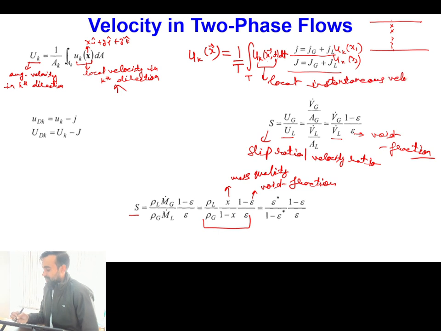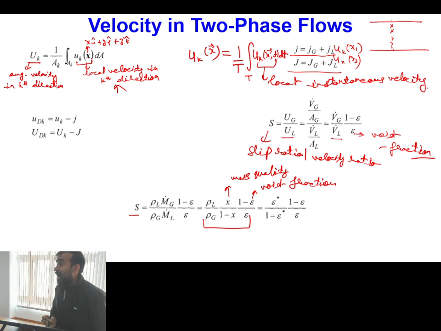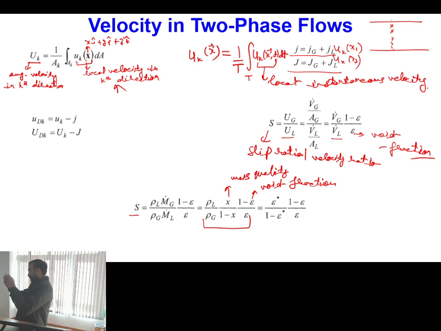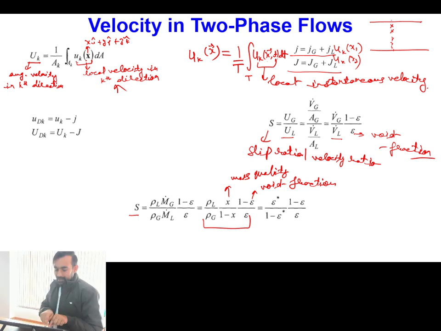Is this clear? Yes. So whenever I only put position in u_k, it means at that particular location I am taking sufficient time to measure the velocity and using a time averaged velocity value.